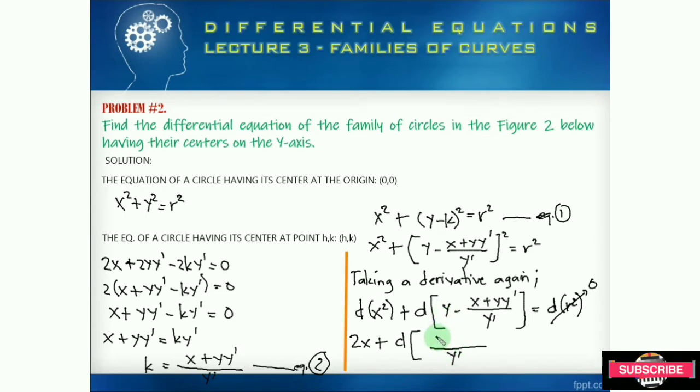So we have here y times y prime, minus, y prime divided by y prime is 1 times this quantity here, so this would be x plus y prime. And then this is again a bracket.